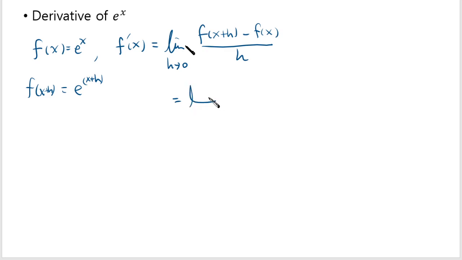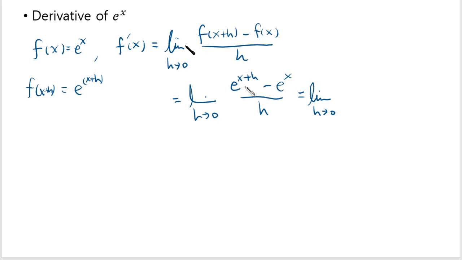So this is the limit as h goes to 0 of e to the x plus h minus f of x, which is just e to the x. Now we can try to carry on this calculation, but it's something that we have never done.